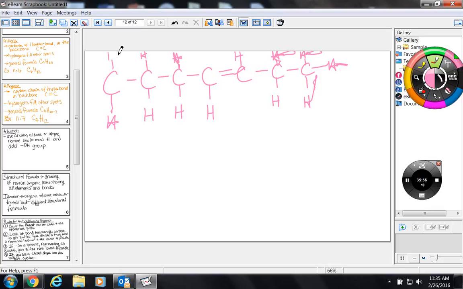They're supposed to be H's, they just look really bad. All right. So, I've got a double bond right there in the middle. How many carbons do I have?